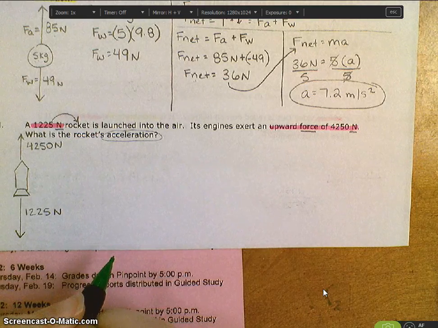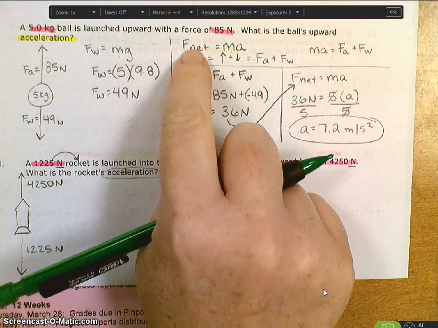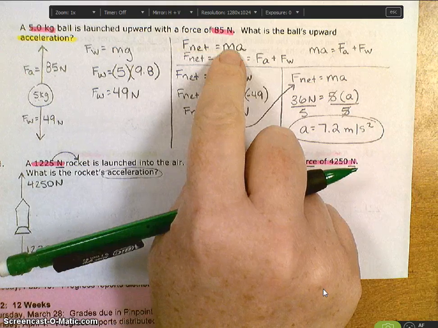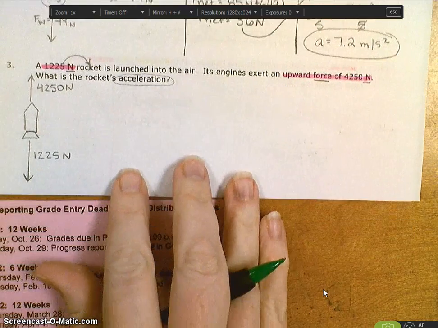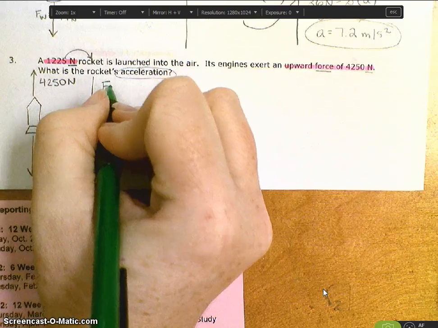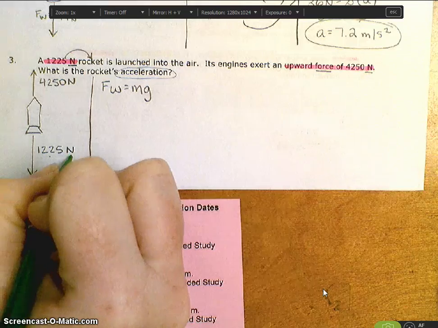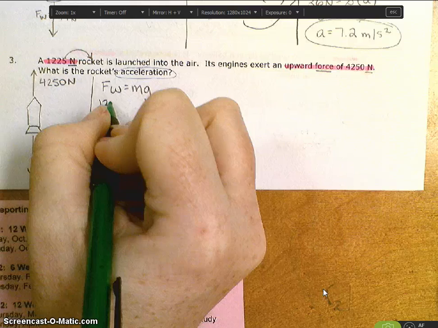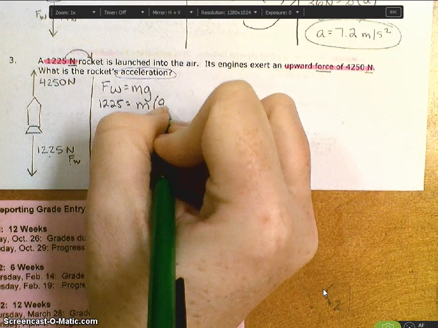Now, if you remember, there were 3 different equations to use. To get our acceleration, we're going to need to know mass. So again, the first thing I always do with any of these problems is I convert. This time, they gave me the weight force. Remember, newtons means force. I don't know my mass.